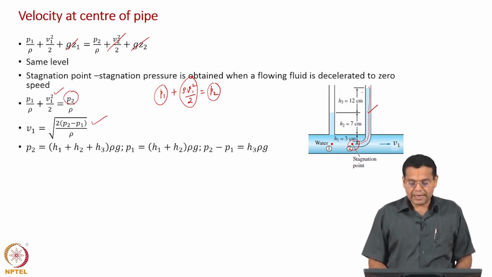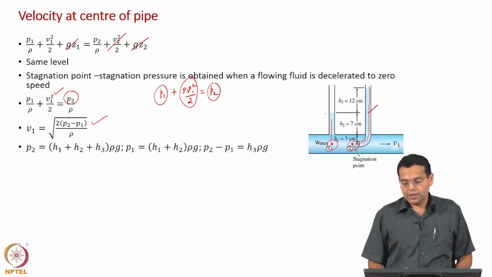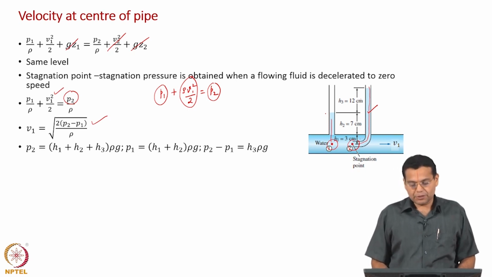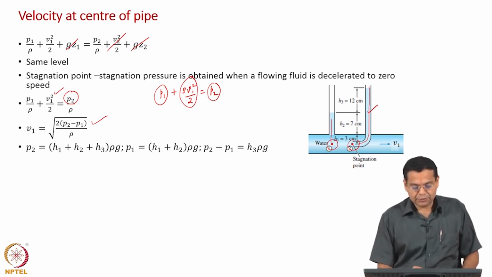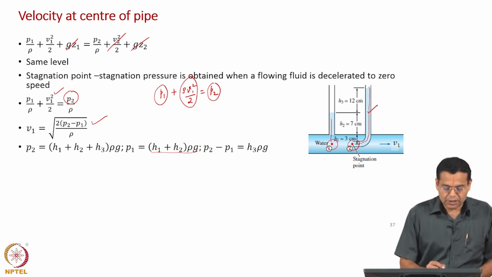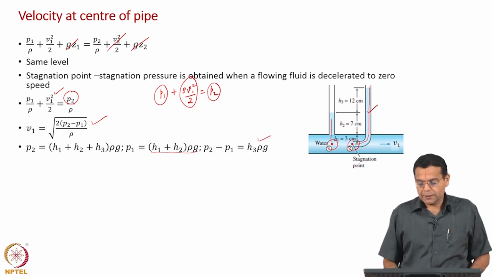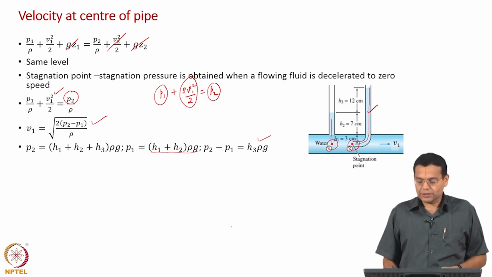And what about the static pressure? The static pressure here is balanced by the hydrostatic head of water in the piezometer, and that is (H1 plus H2) into rho into g. What is required is P2 minus P1, of course H1 and H2 cancel out, leaving us with H3 into rho g.